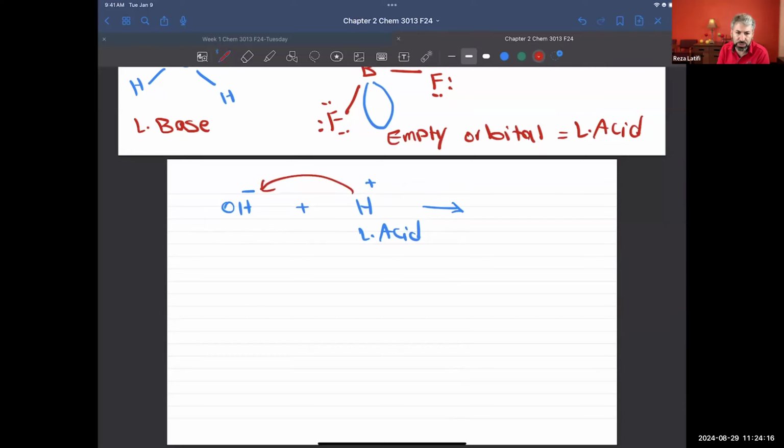H is going to OH, so OH will be the base, and H plus will be the acid.